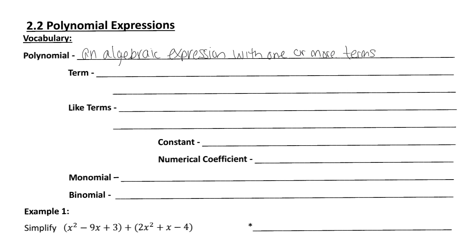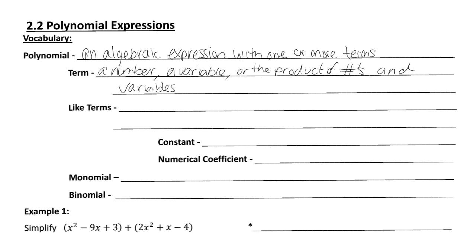So a term is a number, a variable, or the product of numbers and variables.